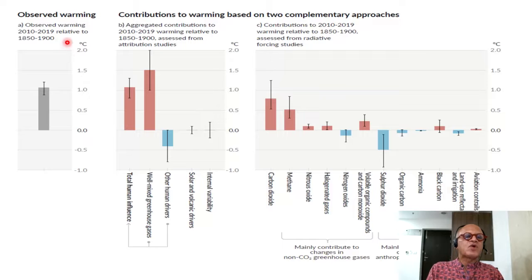This is the observed warming from 2010 to 2019 relative to 1850 to 1900. So that gives you a sense of just how much we have warmed recently. So each decade is warmer than the previous decade, and the warmest years on record are happening again and again, every other year. And they are happening in non-El Nino years.